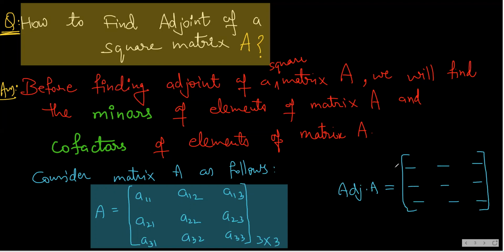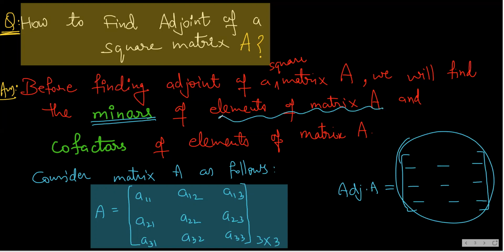But remember, students, that you will get this matrix only when you find minors of elements of matrix A. That is, to get the adjoint of matrix A, first you will have to find minors of all these elements. What are minors? I will tell you. Don't worry, just keep listening.